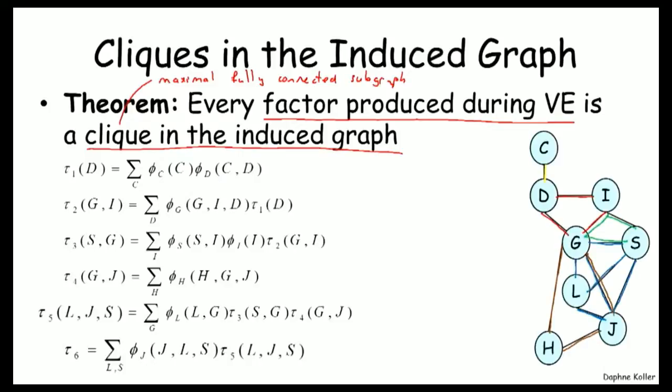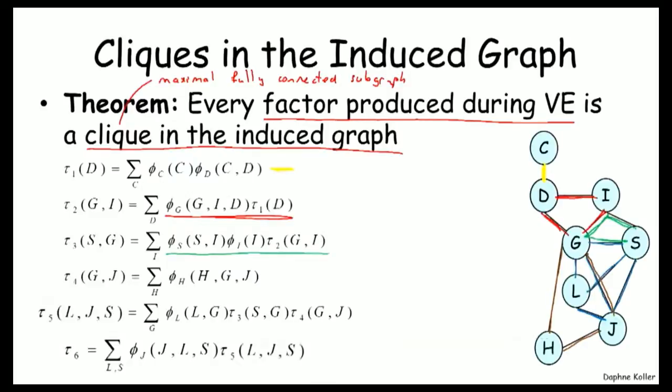And if we now look at the factors that we produced in the course of variable elimination, we see that there is an exact correspondence between the factors and those cliques. So here, for example, the yellow one is CD, which is this one over here. This one over here, which is GID, is the red one. This one has SIG, so that's the green one.